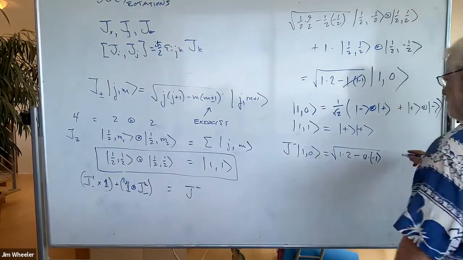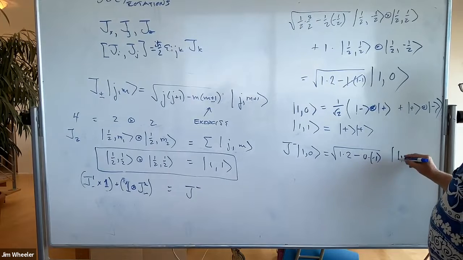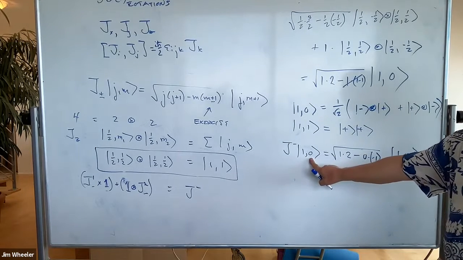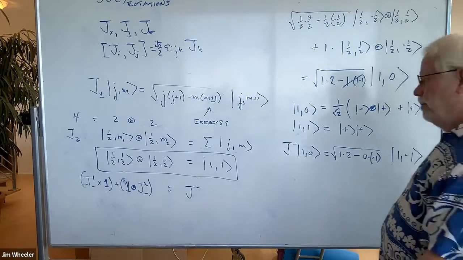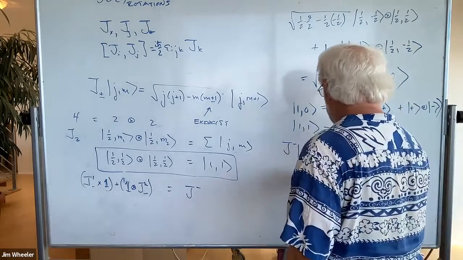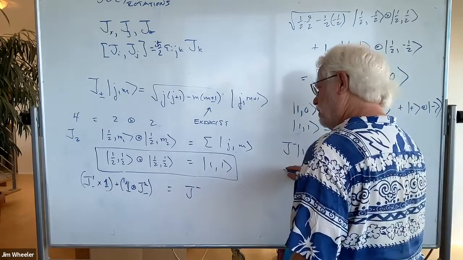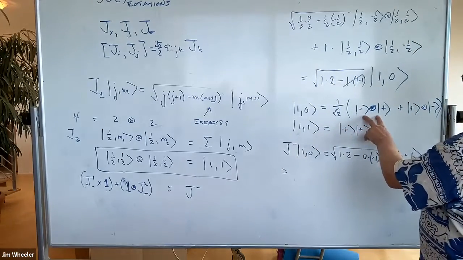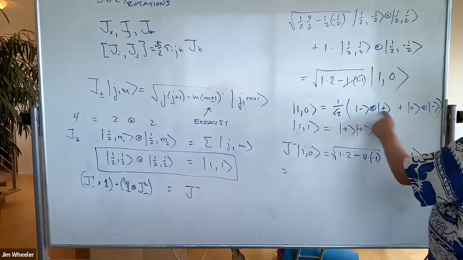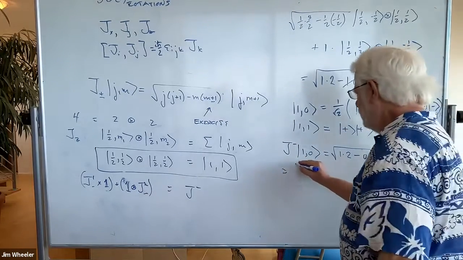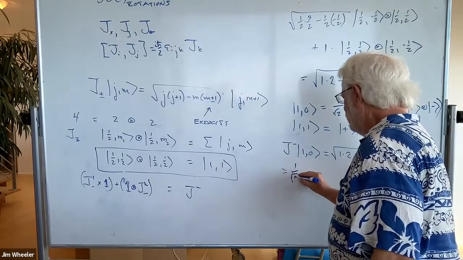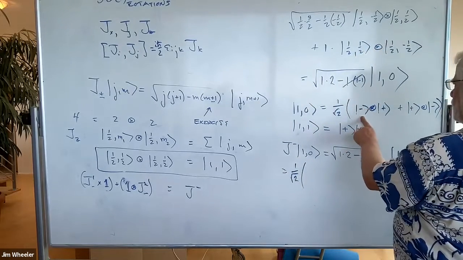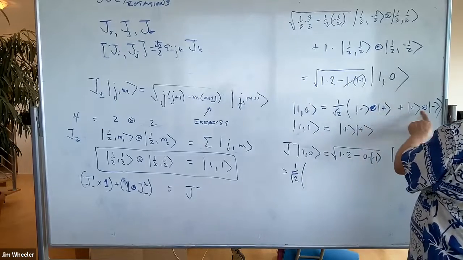So just the square root of 2, and we get a 1 minus 1 state here. Lowers m by 1. On the other side of the equation, this has to equal, right? We're going to act with the lowering operator on this whole thing. So that 1 over root 2 is still there. And then, okay, we're going to lower this, lower that, lower this, lower that.